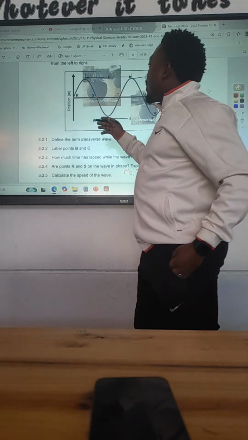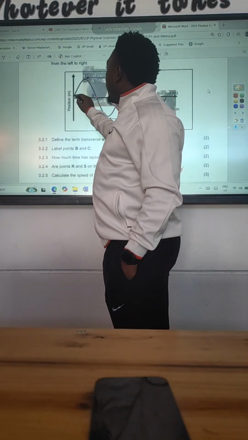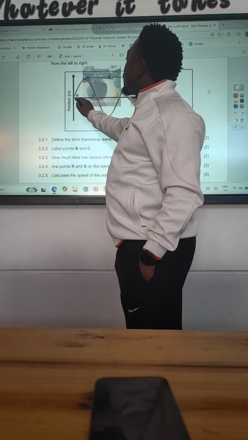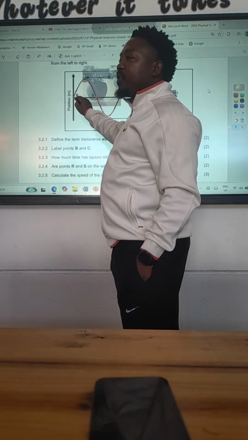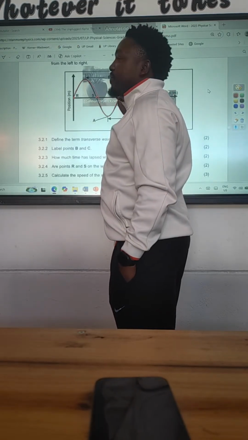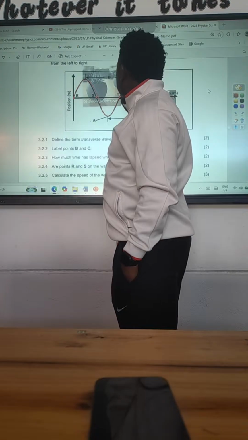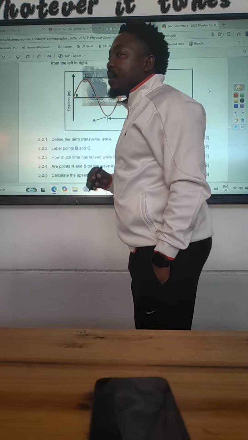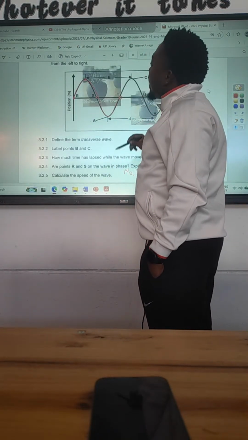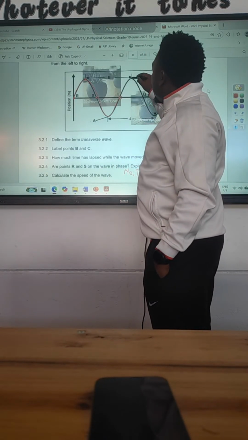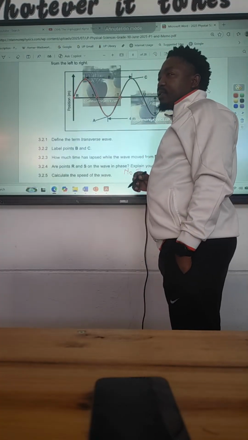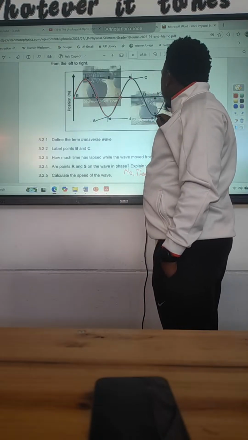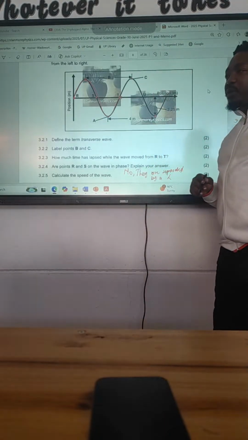For example, if I'm at the beginning of the wave, I'm expecting the next point in phase to be at the beginning of a new wave, which is here. If this is our crest, I'm expecting the next point in phase to be the next crest. For the troughs, the same applies.